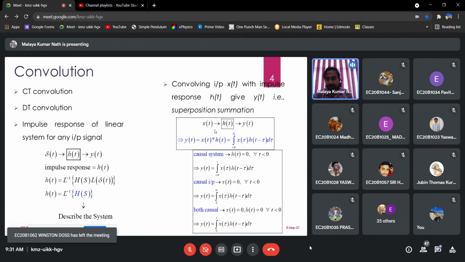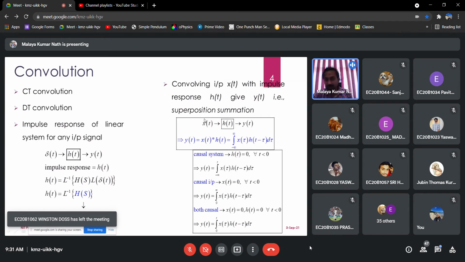Now, if the input is causal, that means x(t) is equal to 0 for t less than 0. As we are rotating h of t, this is nothing but 0 to minus infinity. So now x(t) is extended from 0 to infinity. So what will be your limit of integration?